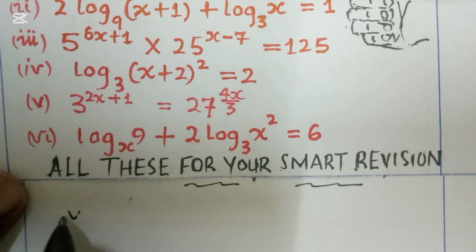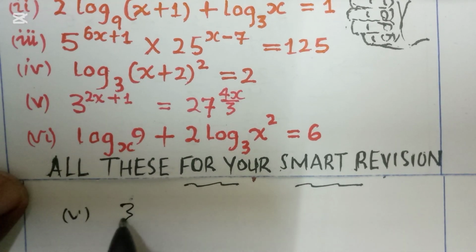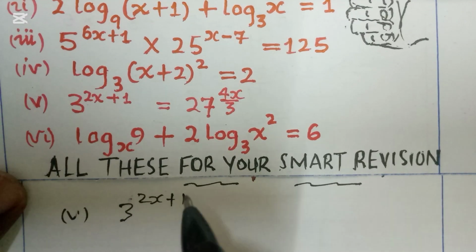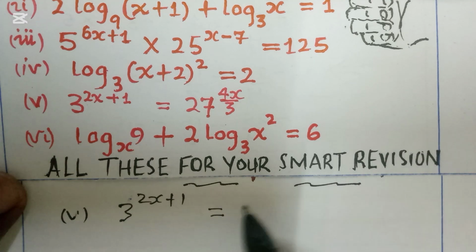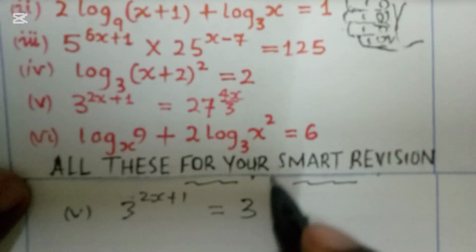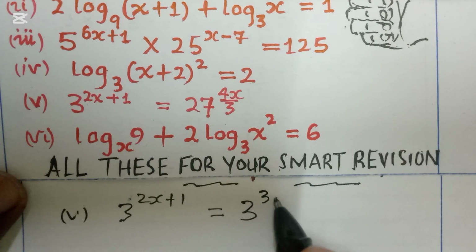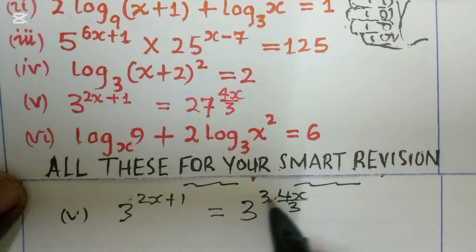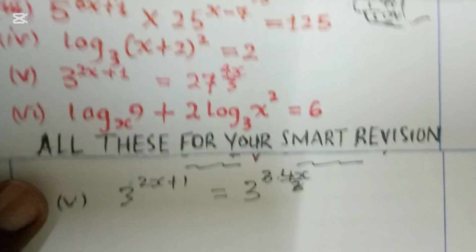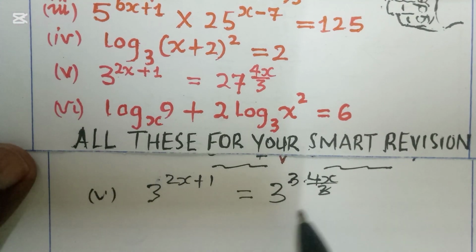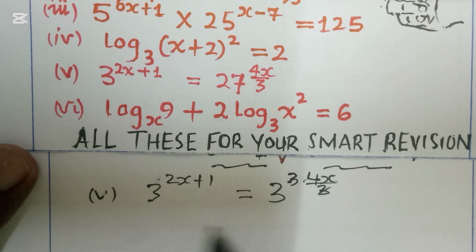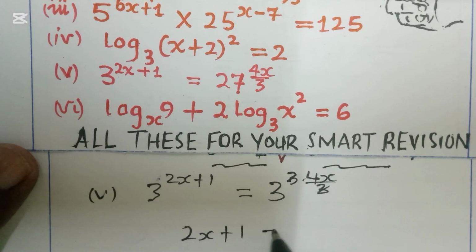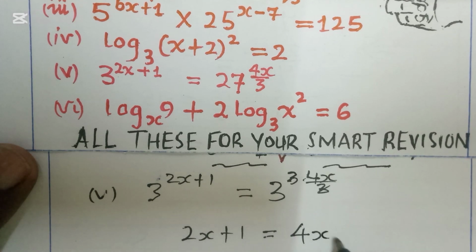We can do 5. This is going to be 3 raised to 2x plus 1 is equal to 27. 27 can be written as 3 raised to 3, and then here we have 4x all over 3. So that one cancels, and we are left with 3 raised to 2x plus 1 and 3 raised to 4x, which now gives us 2x plus 1 should be equal to 4x, because the bases are equal.